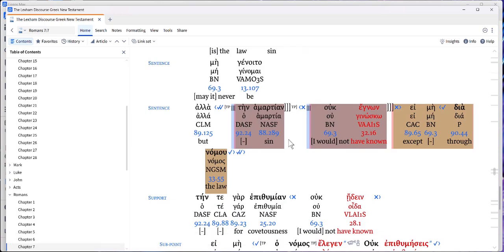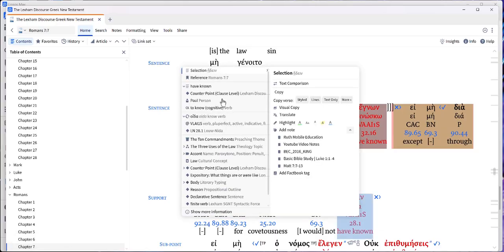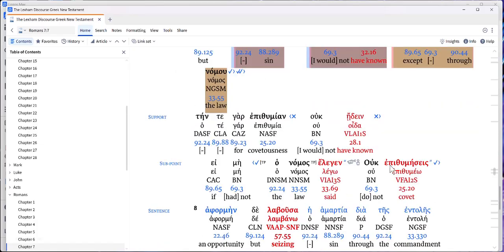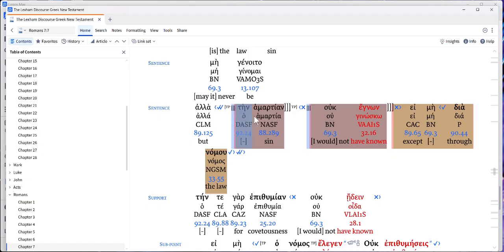Yeah, so this is an event in the past that he's saying, hey, if I didn't have the law, I would not have known what sin was. So here's the condition. We're looking for another aorist. This is a pluperfect, and here the result is almost implied.